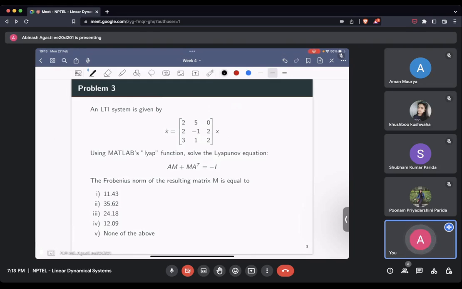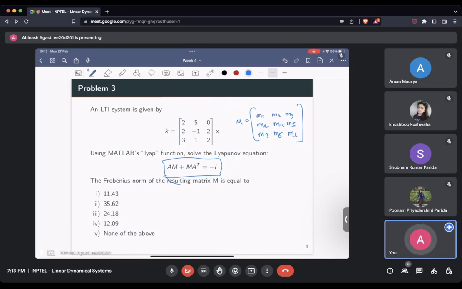You just have to take M equal to some, assume something like this: M1, M2, M3, M4, M5, M6, the rest are symmetric. So M2, M3, M5. So then you'll get 9 equations and these 6 variables must satisfy them.